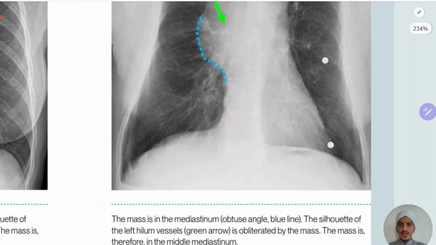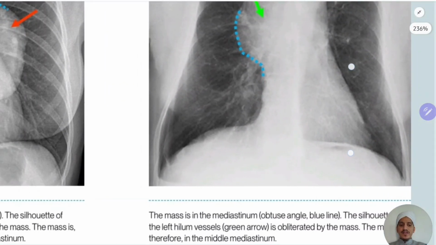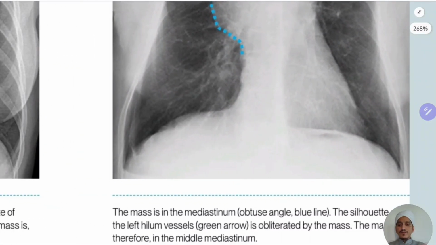Oh, sorry. In one thing I was wrong. The mass is a mediastinal mass, but we need to see the silhouette of the left hilum vessels. The silhouette sign of the hilum vessels should be absent to say that the mass is in the middle mediastinum.